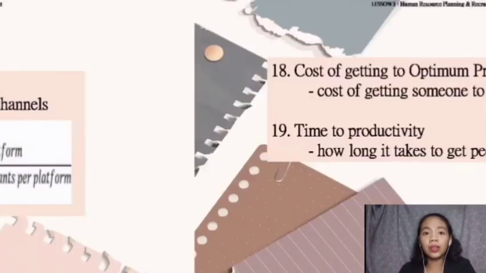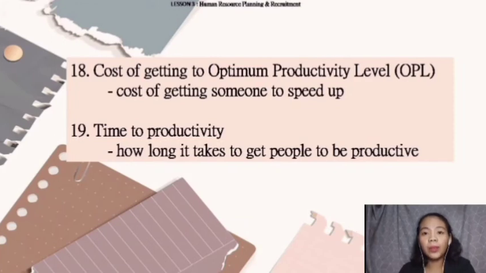Number 18, cost of getting to optimum productivity level, or OPL. Cost of getting to optimum productivity level is the cost of getting someone up to speed. This is in the transition of the newly hired to training and then to working in the company.